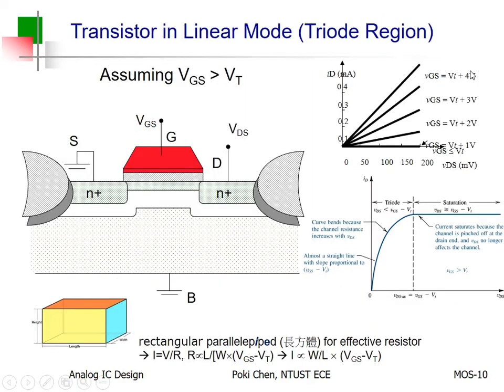Right. And then I can go further with explanation. As I mentioned already, if the gate voltage is higher than the threshold voltage, then it means what? We can attract extra free electrons to line up in this region to make the so-called channel. Then source and drain are connected.